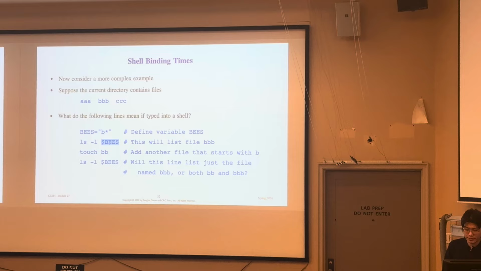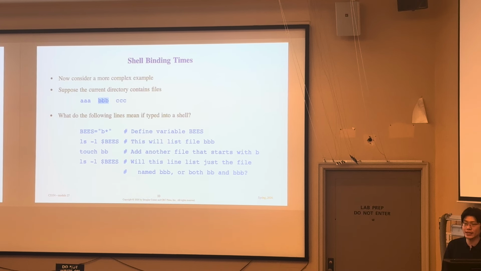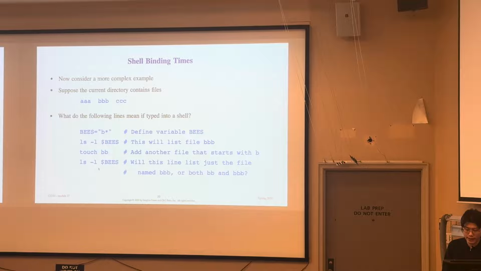This will list the file bbb, because the ls command will do pattern matching using this b*, and the pattern will match the bbb file. Okay, and touch bb creates another file that starts with b, and if you use ls -l with this pattern again, it will list both bb and bbb, these two files, because this pattern matches both of them.